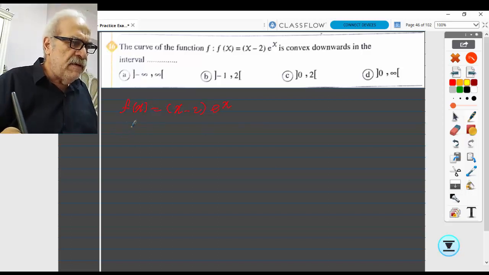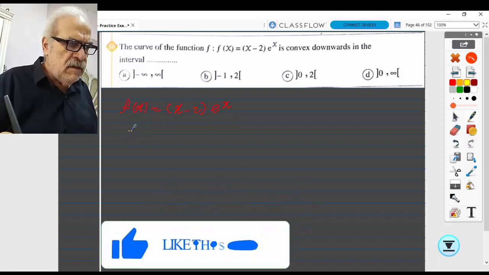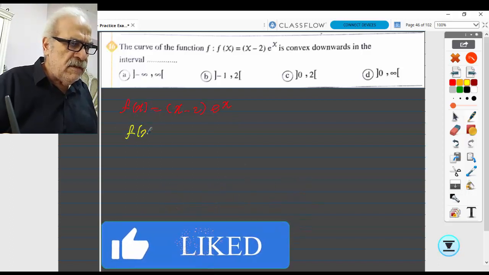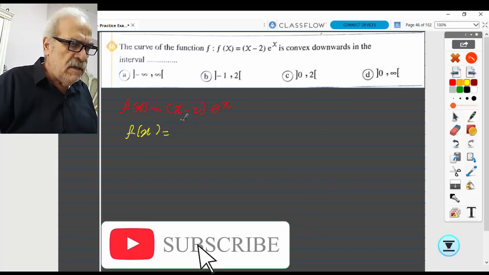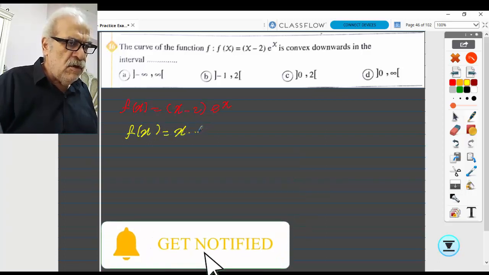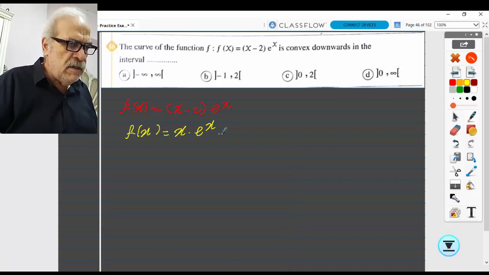First we can simplify f of x. So f of x equals x dot e power x minus 2 dot e power x.